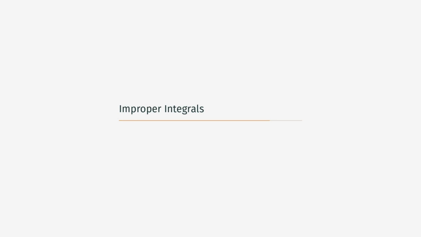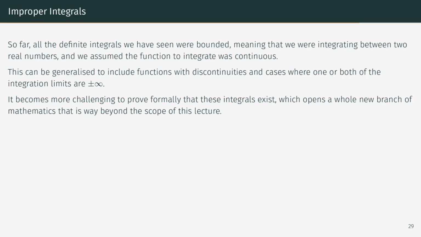We will then move on to improper integrals. So far, all the definite integrals we have seen were bounded, meaning that we were integrating between two real numbers, and we assumed the function that we were integrating was continuous.